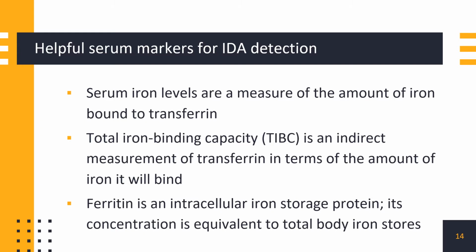Total iron binding capacity, or TIBC, is an indirect measurement of transferrin in terms of the quantity of iron it will bind. Meanwhile, ferritin is an intracellular iron storage protein and its concentration is equivalent to the total body iron stores.